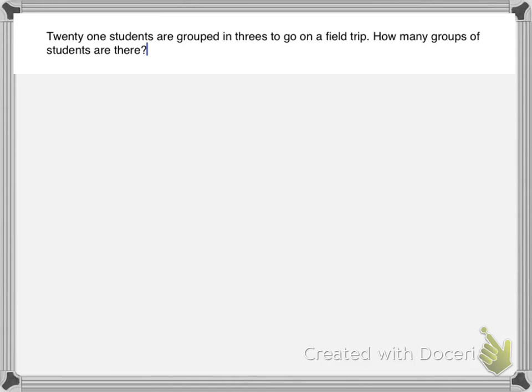So we're going to start by writing the information we know. There are 21 students. There are 3 students in each group.